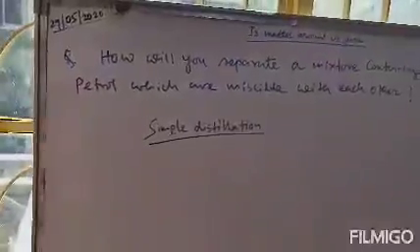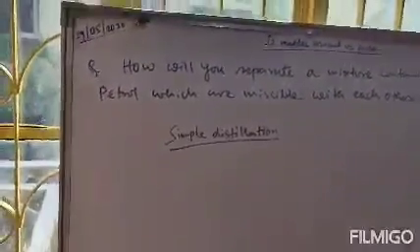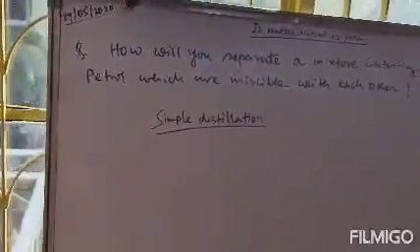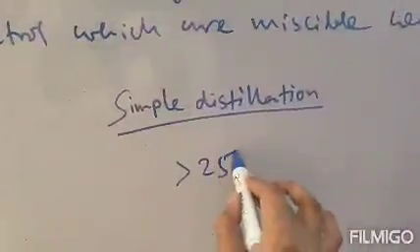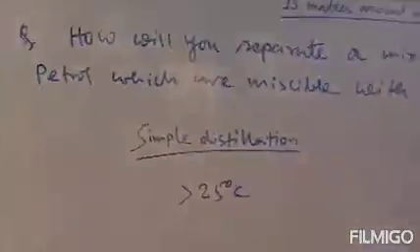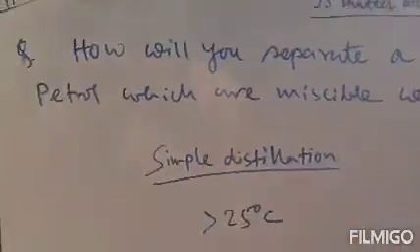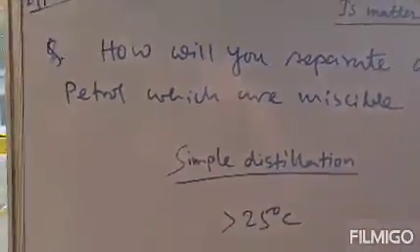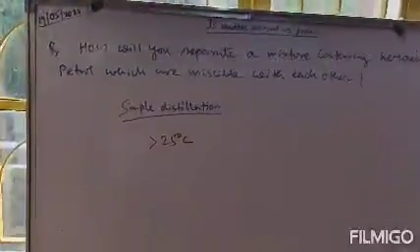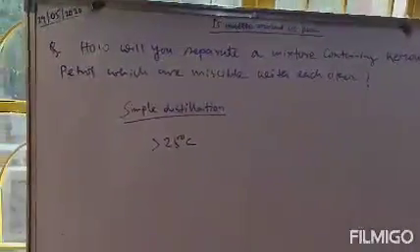The difference in boiling point between these two liquids is almost more than 24 degrees centigrade. That means the boiling point difference between these two liquids is greater than 25 degrees centigrade. So we will use this physical method to separate these two, and the process by which these two are separated is simple distillation.